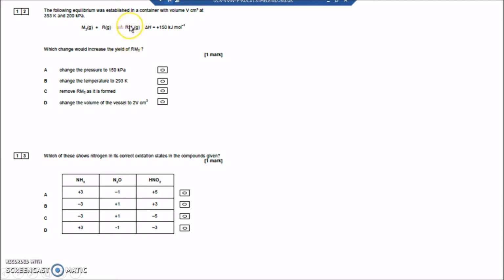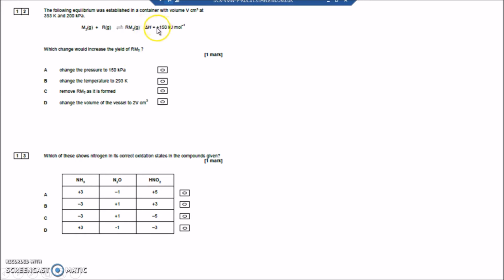You could remove some RM2 as it was formed by Le Chatelier's principle. It would try and make some more RM2, because it would oppose the change. If you're removing the RM2, lowering its concentration, then by Le Chatelier's principle it would try and oppose that and make more of it.